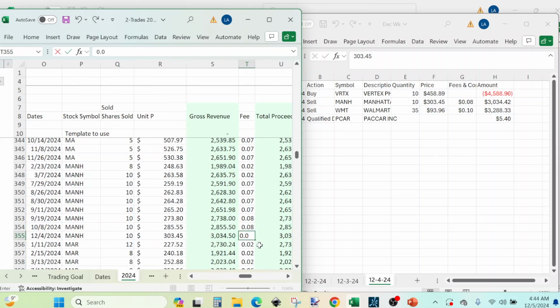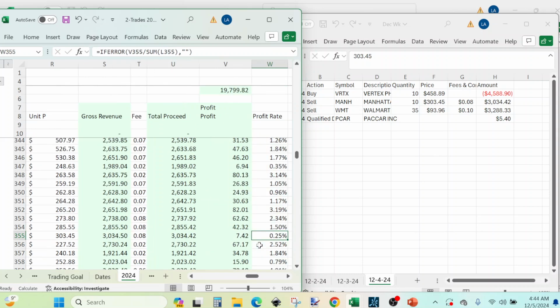And the fee is 8 cents. So we made $7.42 on it, or 0.25% for holding it for a month.